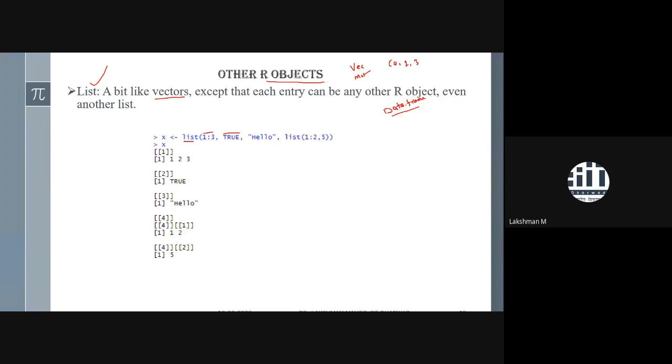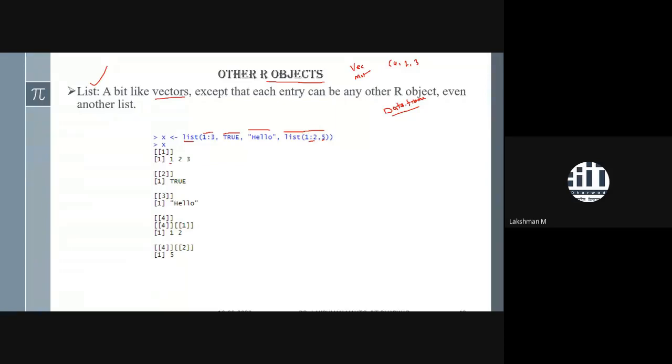The third argument is hello, with inverted commas. The fourth argument is again one more list of two quantities: one is the vector 1, 2, another is just the scalar 5. A one-dimensional vector means a scalar. So a list argument may be any valid R expression or R object.